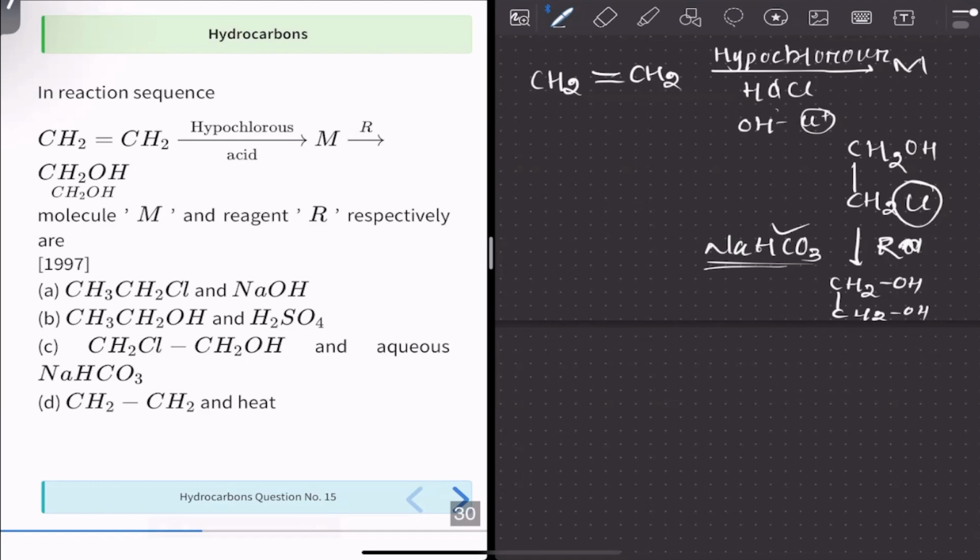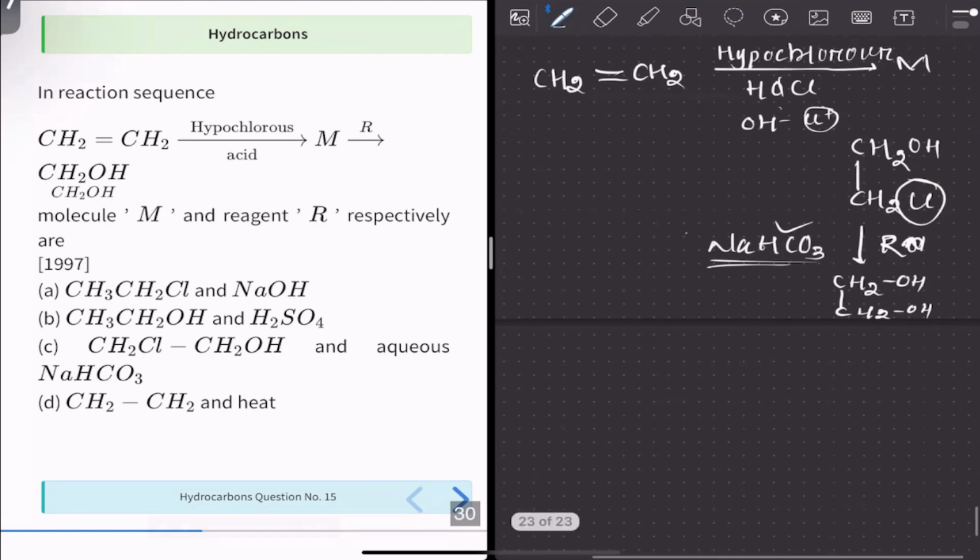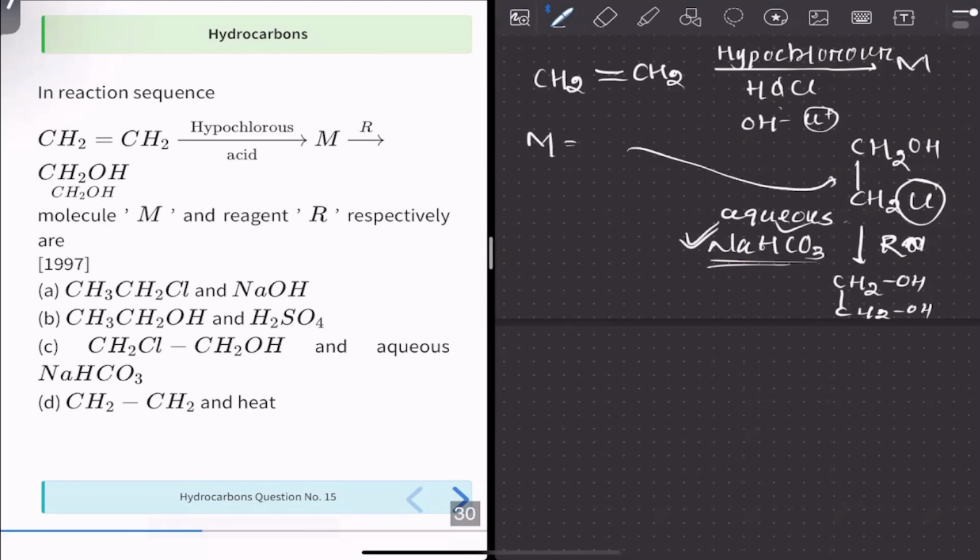You'll learn this in the aldehyde chapter of class 12, but remember the reagent aqueous NaHCO3. So M is CH2Cl-CH2OH and R is aqueous NaHCO3. So option C is correct.